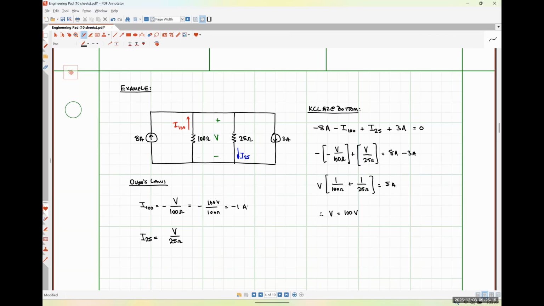So if we think about this intuitively, I would say that 8 amps is larger than 3 amps. Well, that's not intuition, that's just a fact actually, right? So 8 amps is larger than 3 amps. So 8 amps is going to be the dominant current source in the system. So I would expect this current source, let me use a color I haven't used already, right?